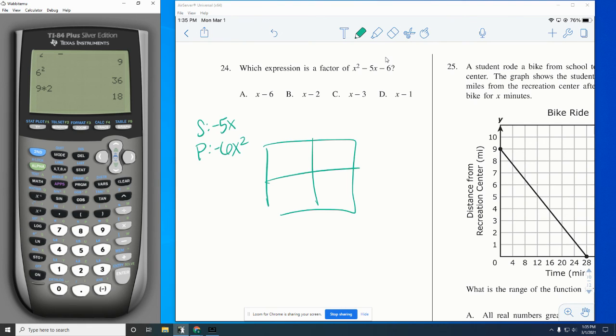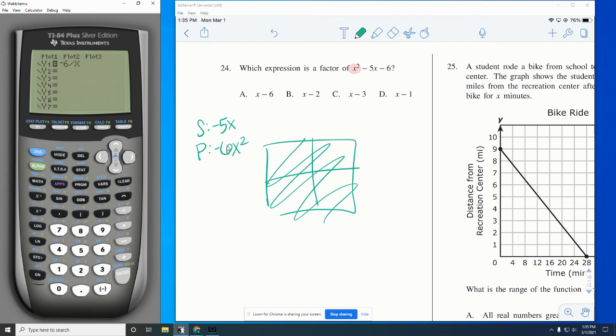Now, if you remember, if you start with a plain x squared, so we have a plain x squared here, that means whatever factors I get from my calculator are going to be my answer. So you actually don't really need the box. You can use it if it makes you feel more secure, but you don't absolutely have to do it. So in y equals, I put my product divided by x.